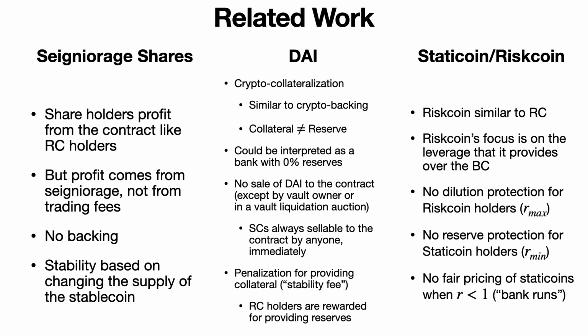So this means that there can be bank runs, you know, like if the reserve ratio falls below 1, then the static coin holders can run to sell their static coins back to the contract, and the ones who manage to do that first will get more base coins than the later ones.